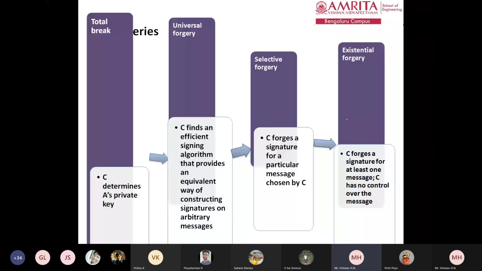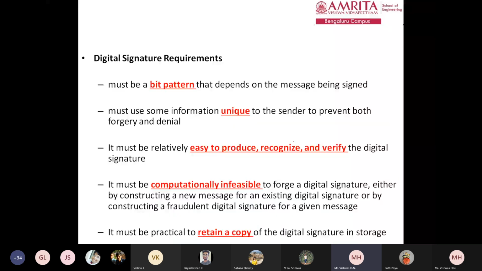So what are the requirements of digital signatures? It must be a bit pattern that depends on the message being signed. It must use some information unique to the sender to prevent both forgery and denial. It must be relatively easy to produce, recognize, and verify the digital signature.